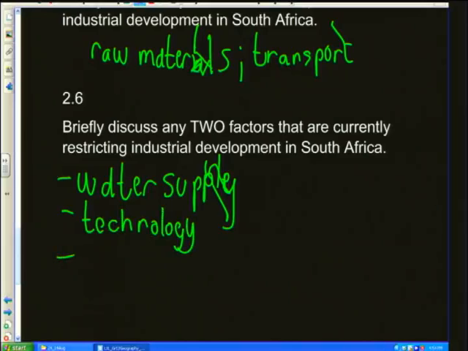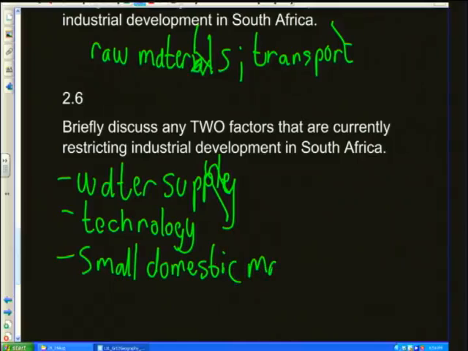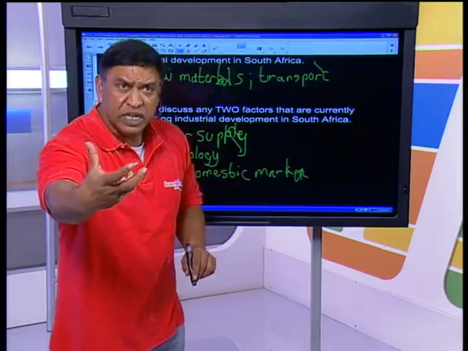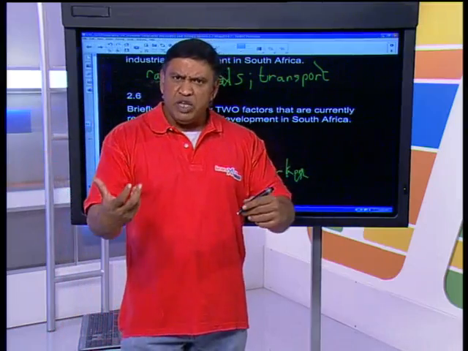Also, the domestic market is small. If we have a bigger domestic market, you understand, than a small domestic market, then we can be more competitive internationally, all right? In the sense that we'll sell a lot of our goods in this country already. So when we go on to the international market, we have already made a huge amount of money.